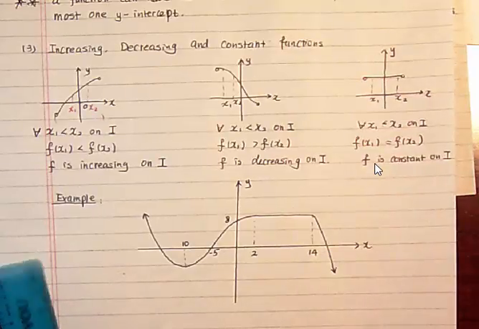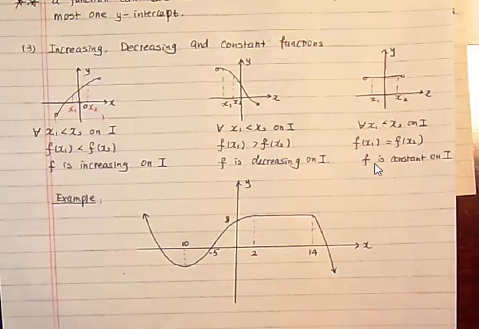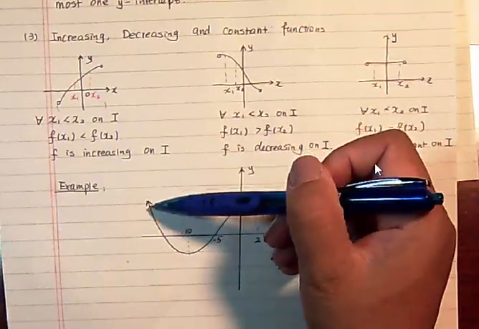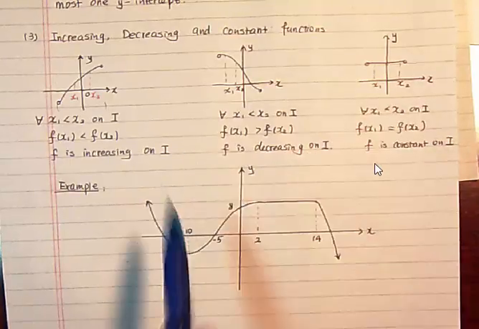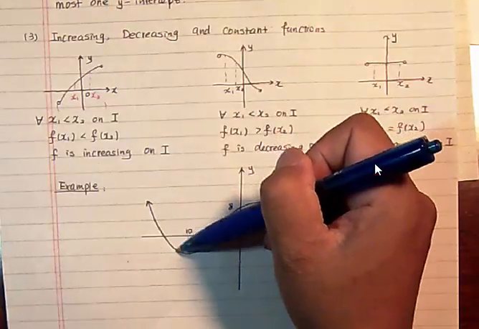Okay, so this is a function because it passes the vertical line test. I'm going to take a look at the increasing and decreasing. So where is it decreasing? Even though the arrow goes up like here, we are thinking from left to right. So the point going down means decreasing, right? So that is decreasing.